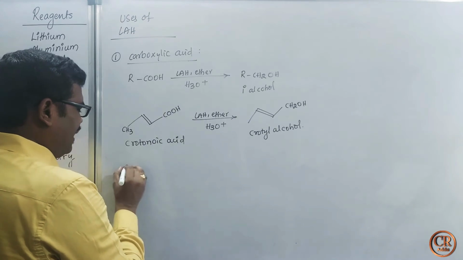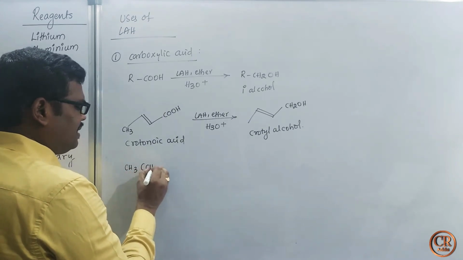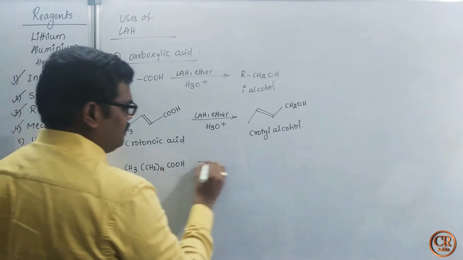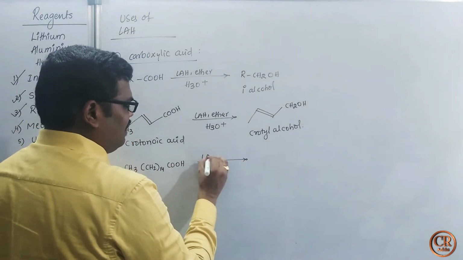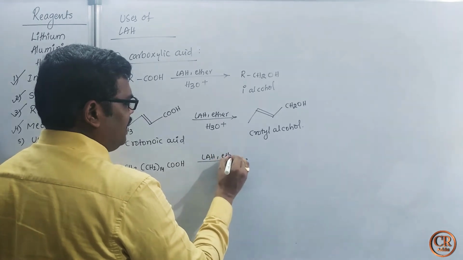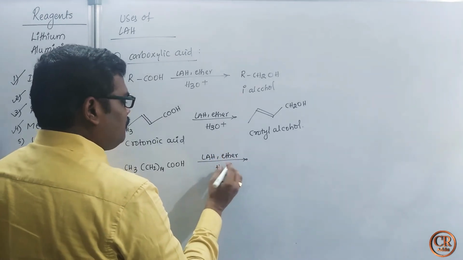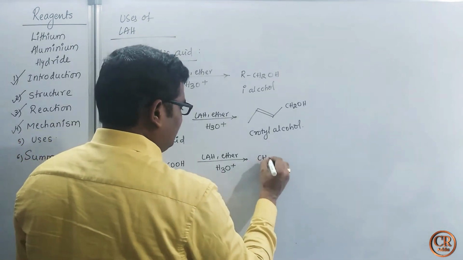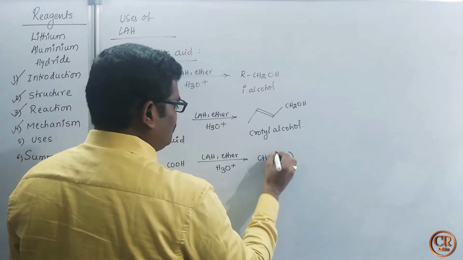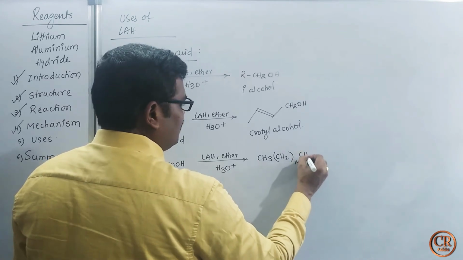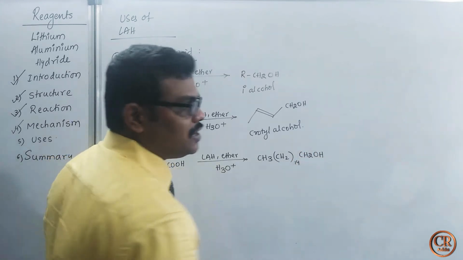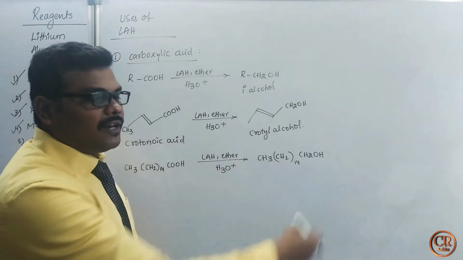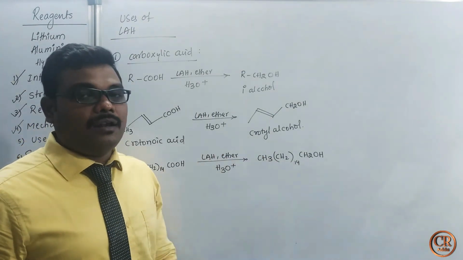Now if you take palmitic acid, CH3 (CH2)14 COOH, when it reacts with lithium aluminium hydride in ether followed by acid hydrolysis, it gives CH3 (CH2)14 CH2OH. What is the name of this one? See, the total number of carbon atoms in this alcohol is 16.